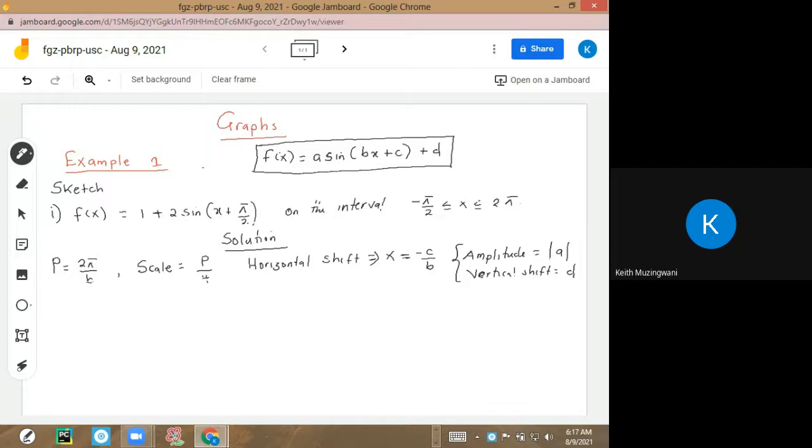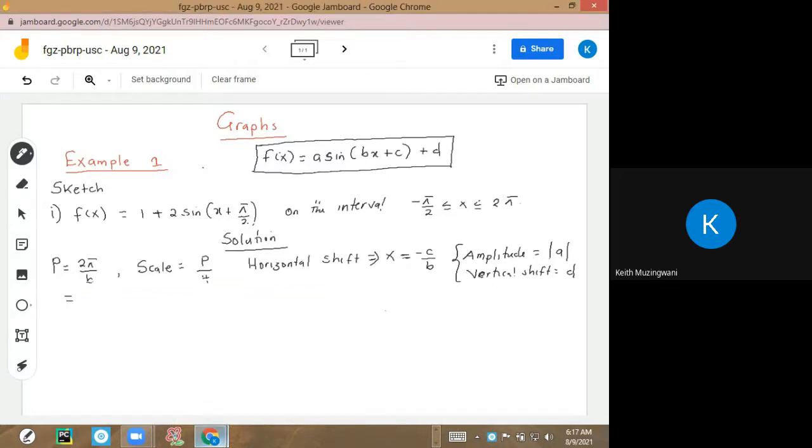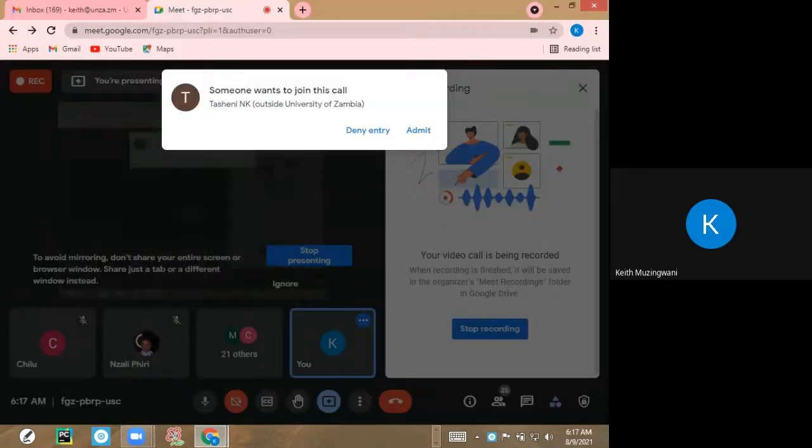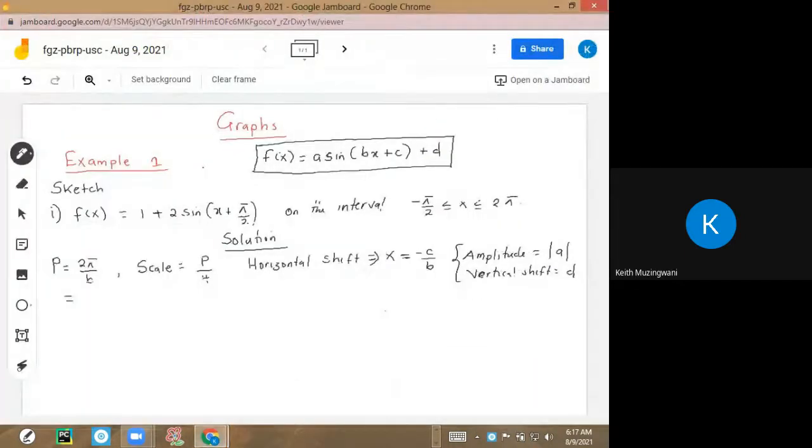So let's go on and get the period. The period here is going to be 2 pi over b, and our b is 1. So we just get 2 pi. And the scale, the period is 2 pi, and then we divide by 4, so we get pi over 2.